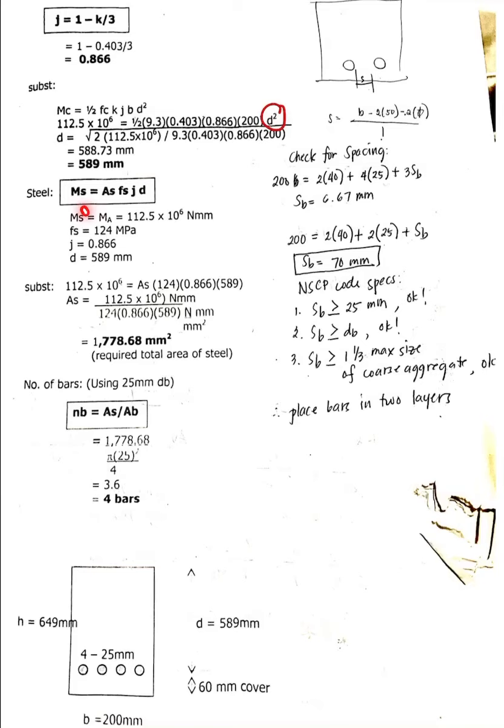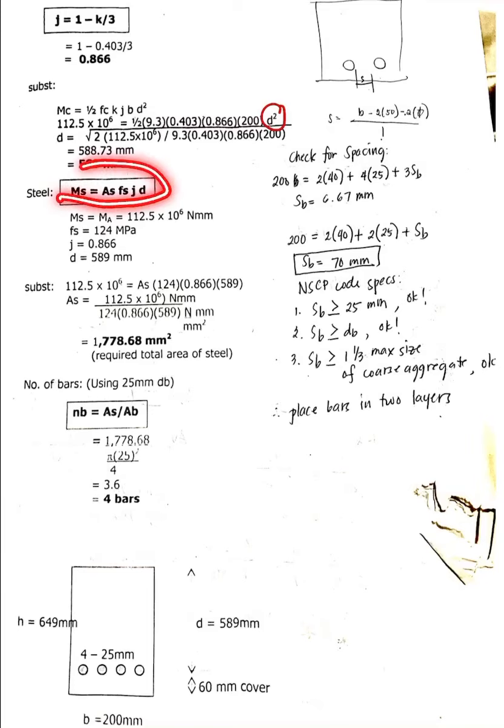So MS is also equal to MA, or the applied moment, equal to 112.5 times 10 power of 6. And then we have the fs given in the problem, 124, and then j, we already computed it, that is 0.866, and the d, that is 589.